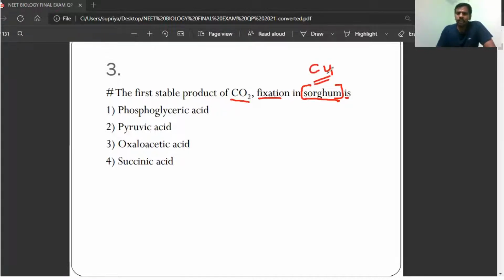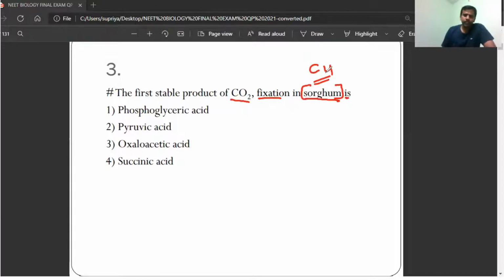Sorghum is a C4 plant. The C3 and C4 naming is based on the first stable product formed in the cycle. If it has 3 carbons, then we can say those plants come under C3. If the first stable product in the cycle contains 4 carbons, then those plants come under C4.